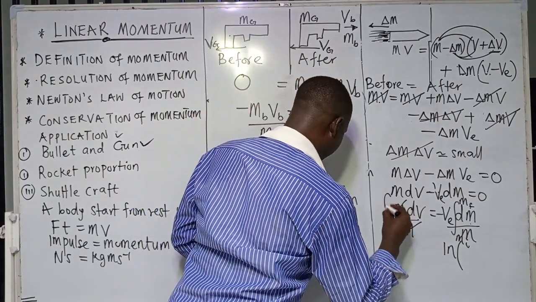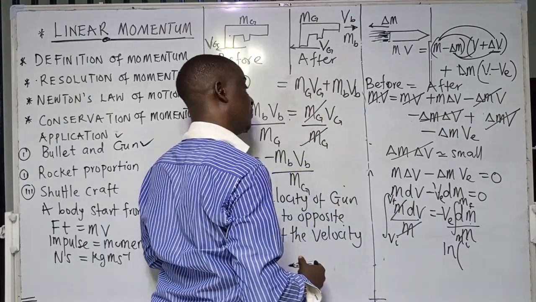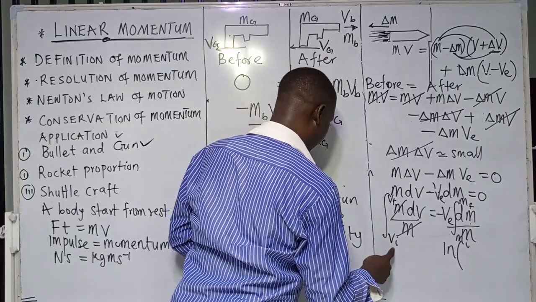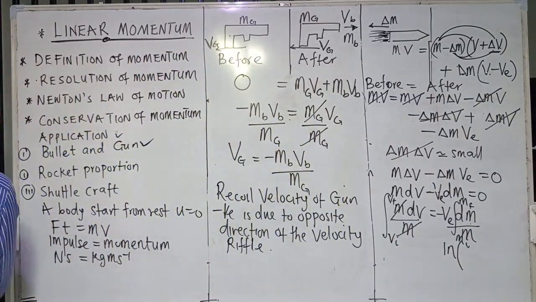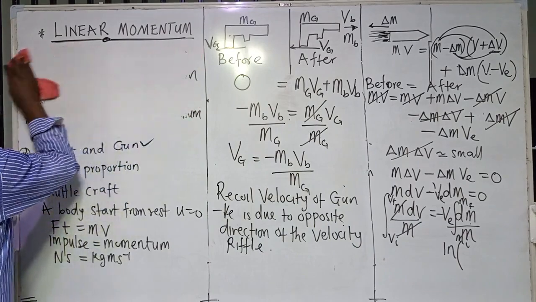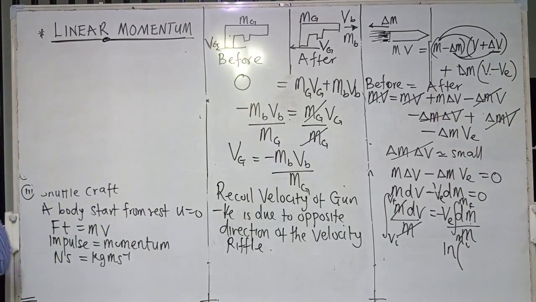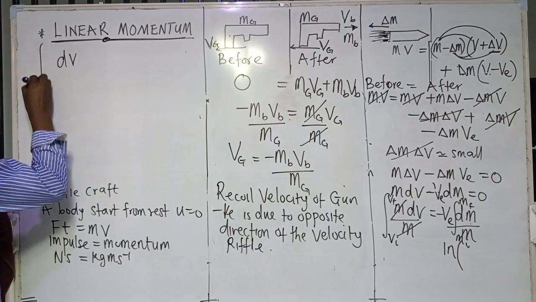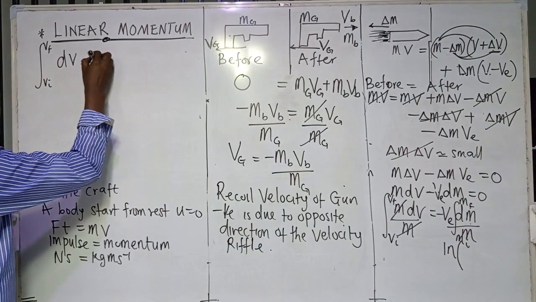Then this one, take it as v final, v initial, uppercase V final, lowercase v initial, integrating in velocity. So if you do that quickly, what you are going to have is the integral of v from v initial to v final is equal to what?